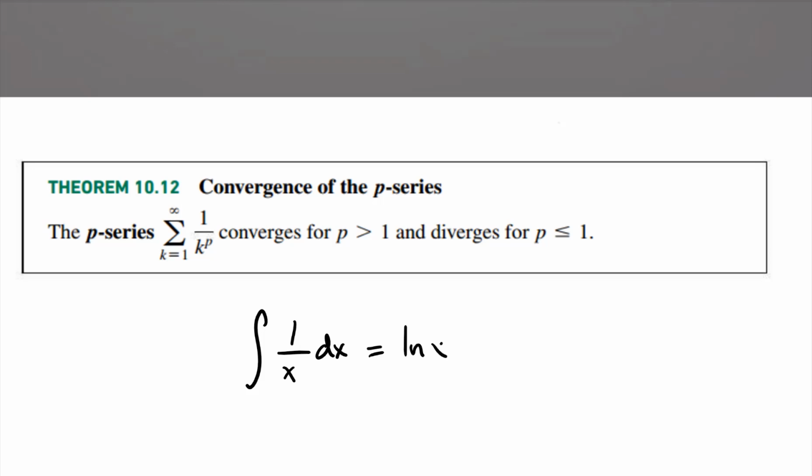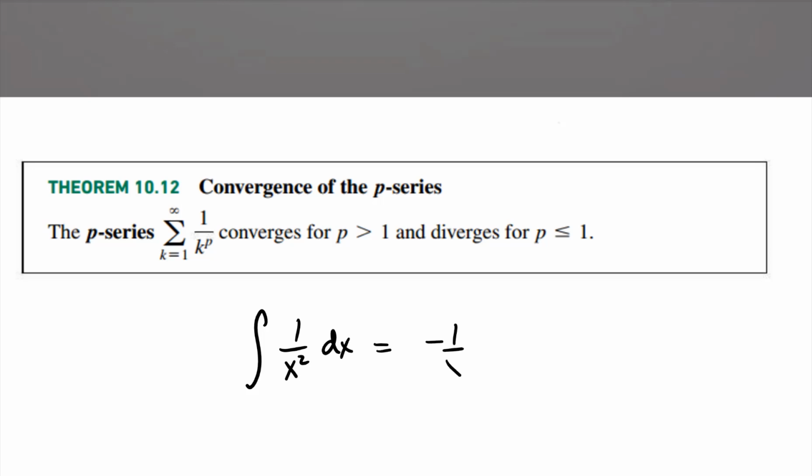Right? Isn't this ln of the absolute value of x plus c? So if our bounds were going to infinity, this would blow up. Now, what would happen if this was 1 over x squared dx?